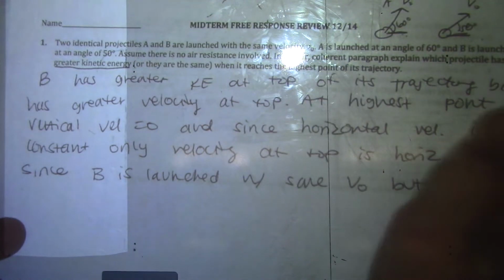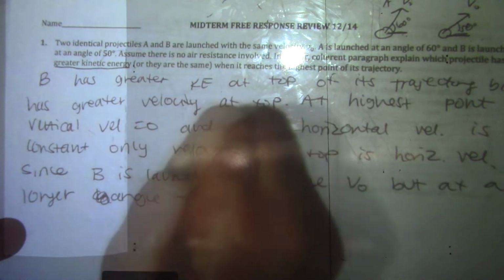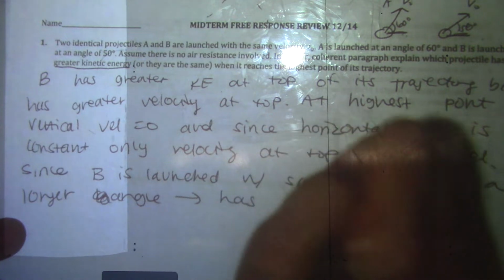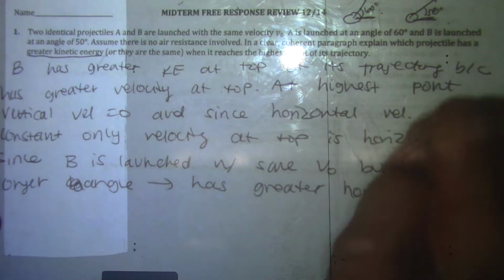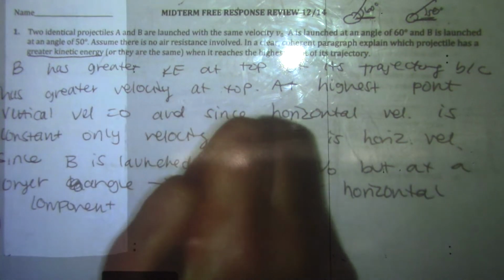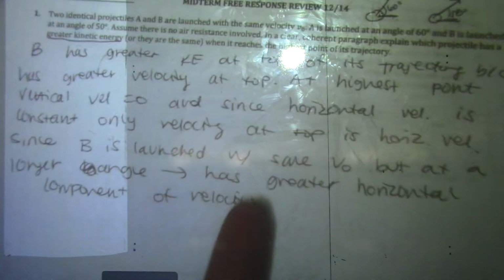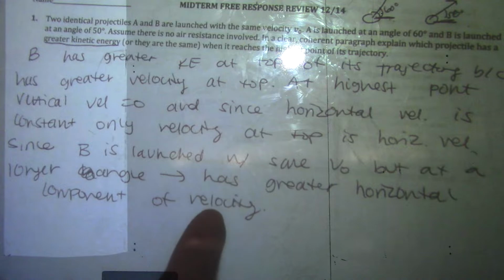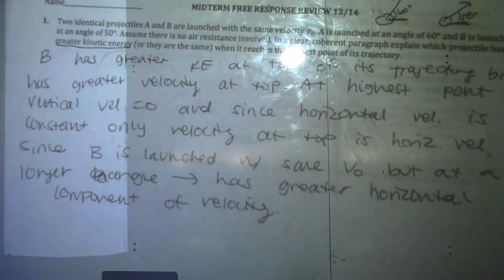Since B is launched with the same v naught but at a lower angle, it has a greater horizontal component of the velocity. Because it's launched at a lower angle, it has more of an x velocity. At the top, you have 0 y velocity, only x velocity. So at the top, B is faster, and therefore it has a greater kinetic energy.